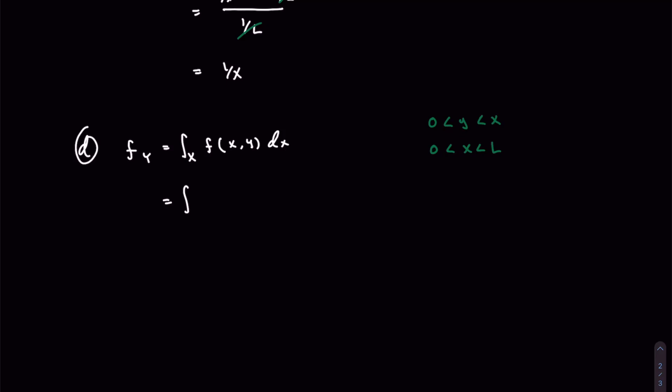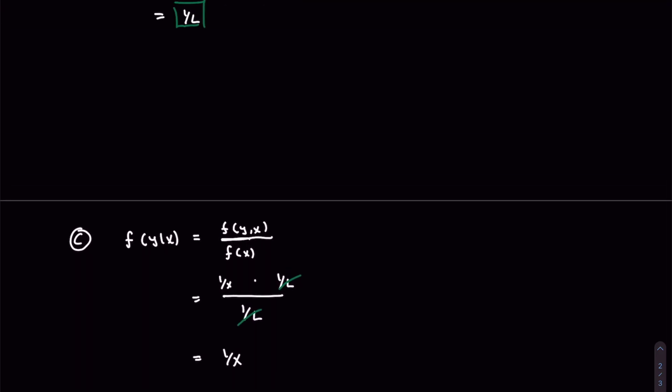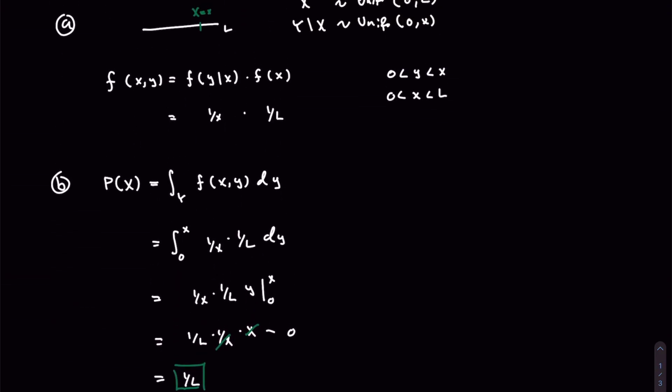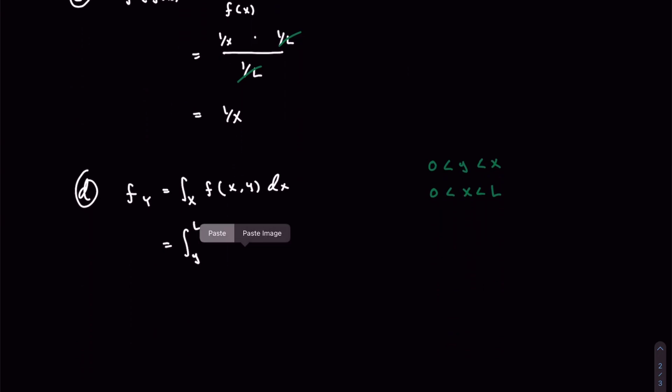Okay, so we then marginalize over x from y up to L using the PDF, just going up here and copying it to remind ourselves what we are looking at. Copy that, so d of x.